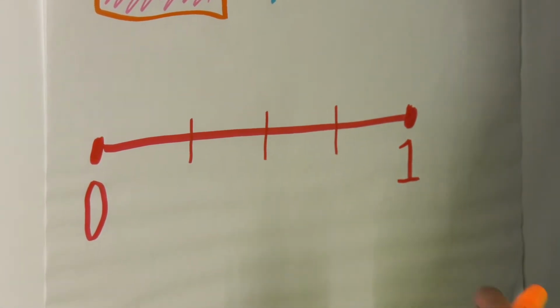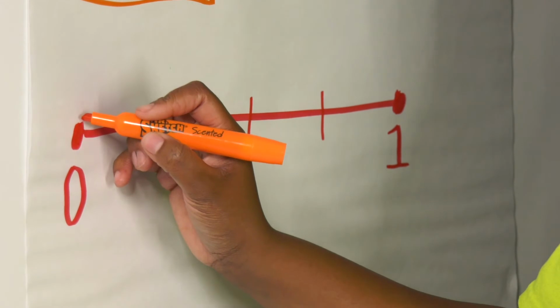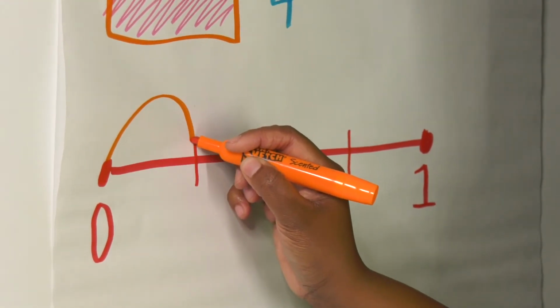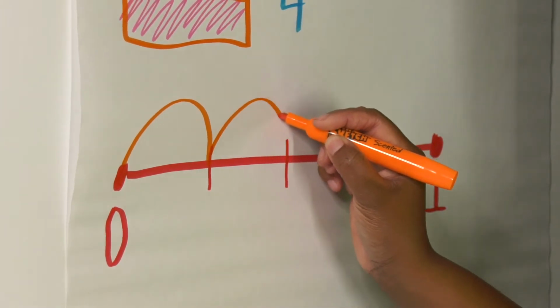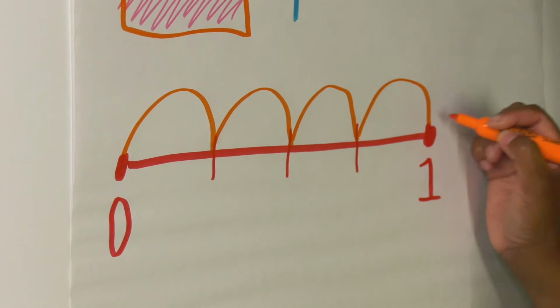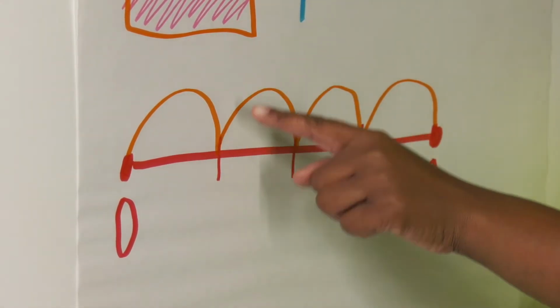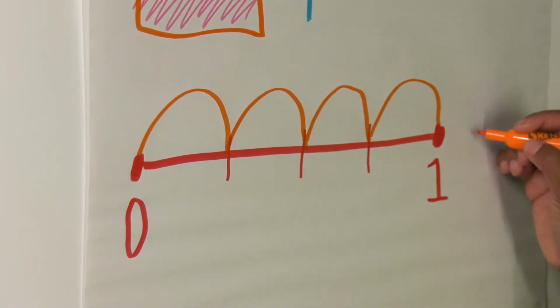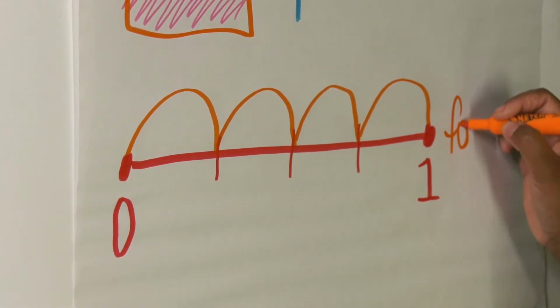We're going to count. You start at 0 and then you just hop over and count to every tick mark. 1, 2, 3, 4. So it took us 4 hops before we got to 1 whole. So I know that this number line is in fourths.